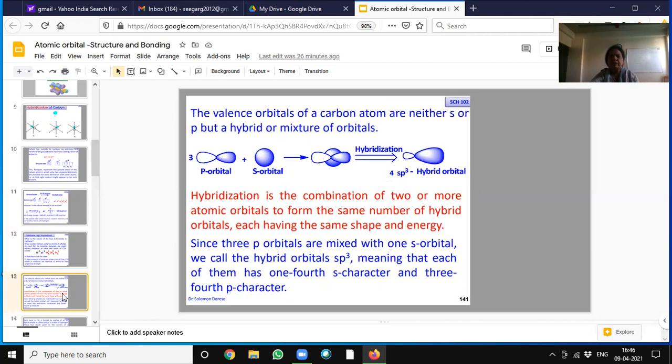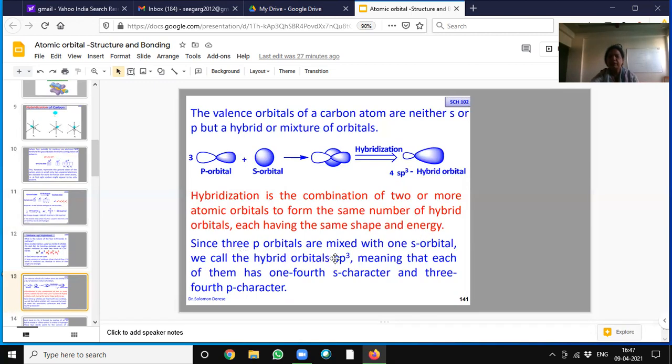The valence orbitals of a carbon atom are neither s nor p, but a hybrid or mixture of orbitals. 4 sp3 hybrid orbitals. Hybridization is the combination of 2 or more atomic orbitals to form the same number of hybrid orbitals, each having the same shape and energy.